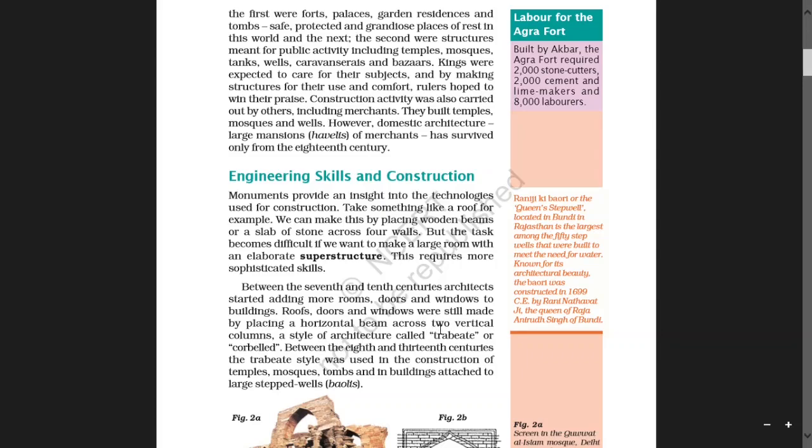It is a style of architecture called trabeate or corbelled. Corbelled means a structure supported on corbels.